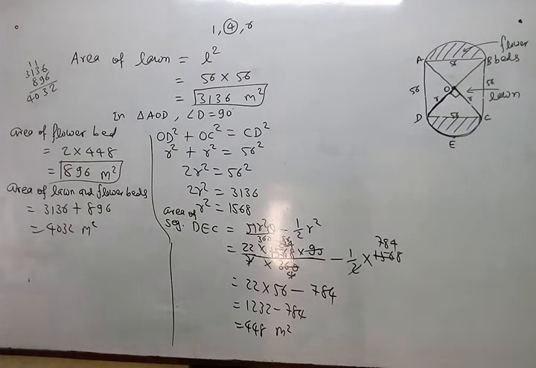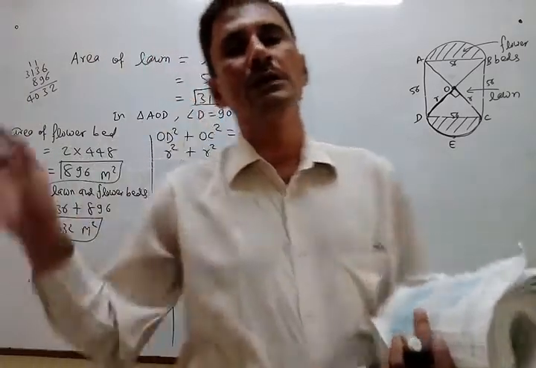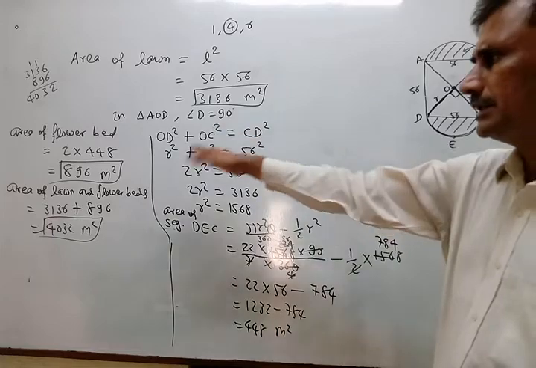So the final answer will be 4032. But you can be asked only the flower bed or only the lawn also, and then the total.